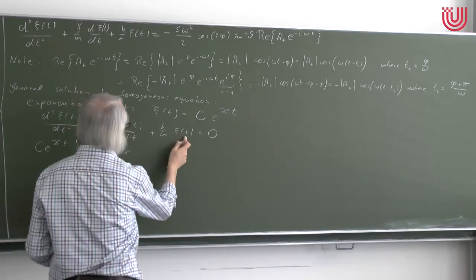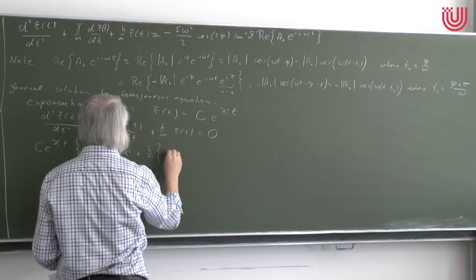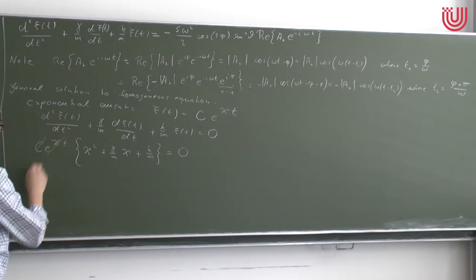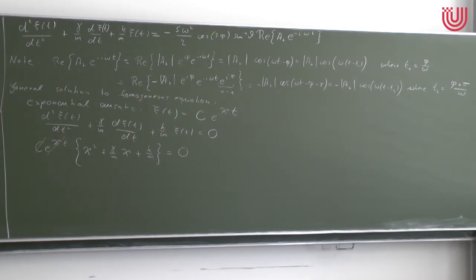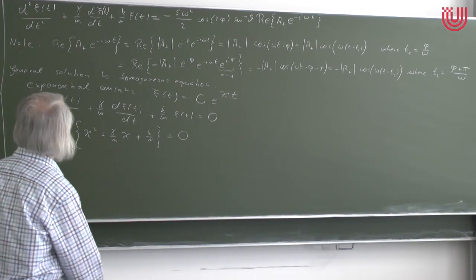And here I don't have to take any derivative, so this is just k over m. Our constant, of course, is supposed not to be 0, otherwise we have the 0 solution. We are not interested in this. And the exponential function also has no zeros. So we have a quadratic equation for kappa, which can be easily solved.